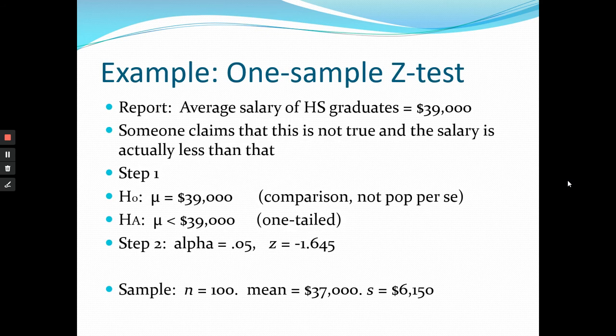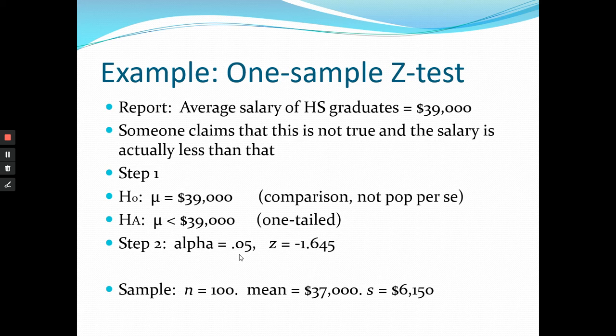The steps were: Step 1, state your H0 and HA. Step 2 is state your alpha, and I'll just give you a little hint here. For all of our one-tail z, it's going to be the same. It's going to be a 5% chance that we're going to find something due to luck. That's our alpha.